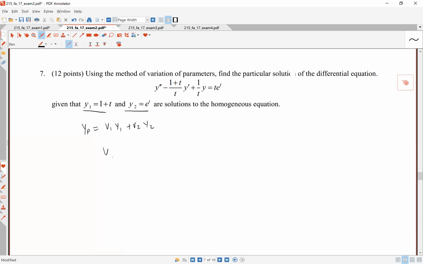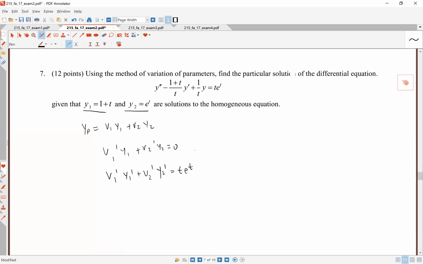We wanted v1 prime y1 plus v2 prime y2 to be 0. We wanted those first derivatives to go away. And then the second one, when we plugged it in, we got v1 prime y1 prime plus v2 prime y2 prime equals t e to the t.